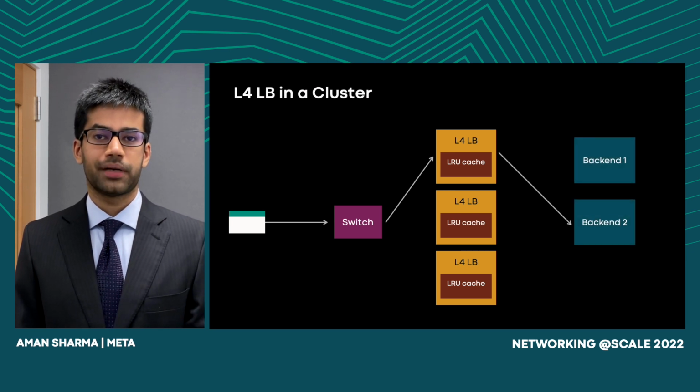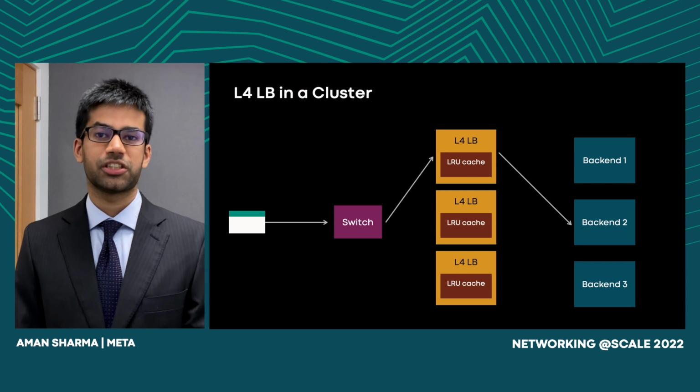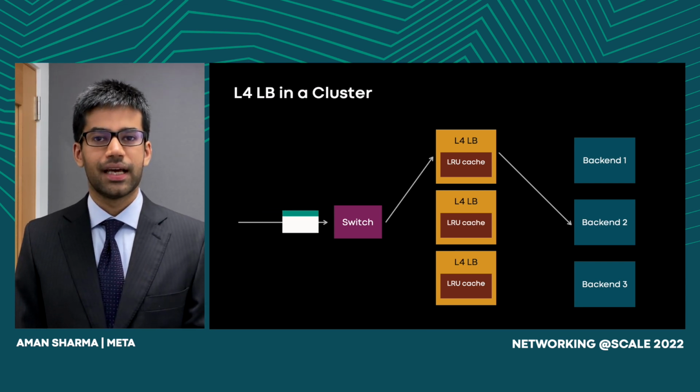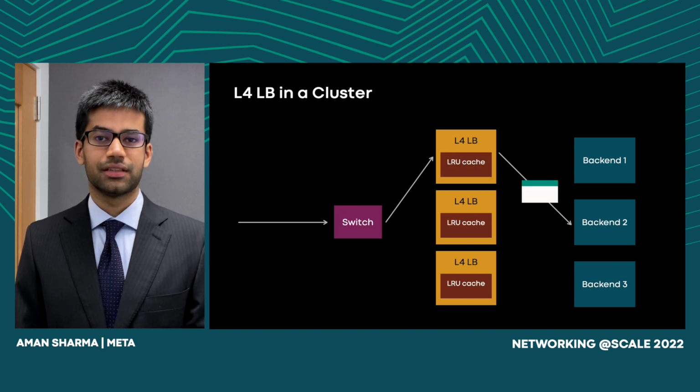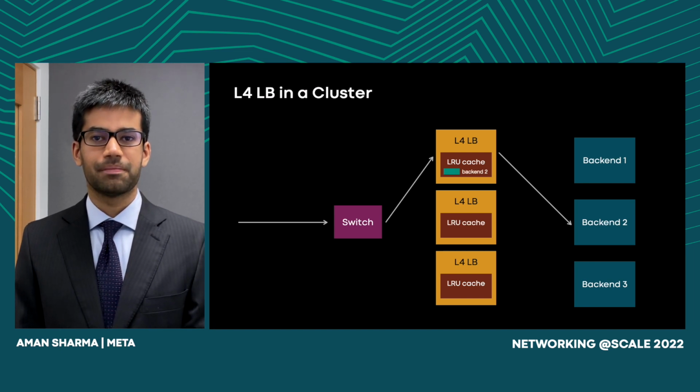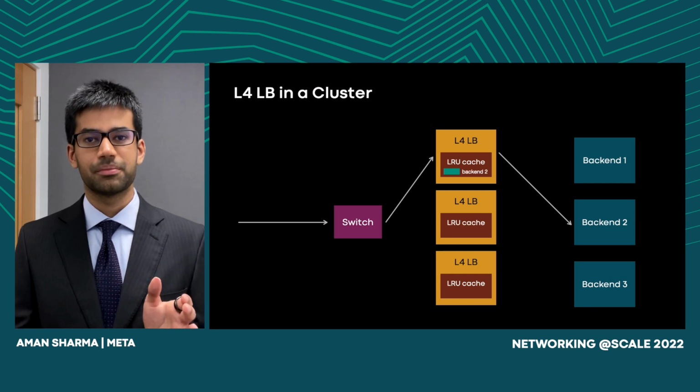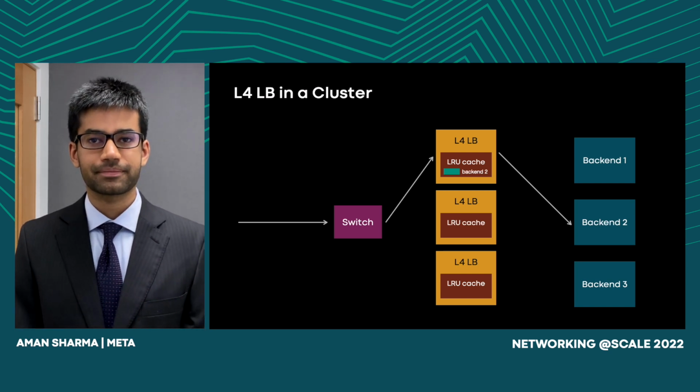And the layer 4 load balancer calculates a consistent hash of the 5-tuple and sends the packet to one of the backends. And once this is done, the load balancer places an entry in its LRU cache. And this animation assumes that this entry wasn't already present in the cache in the beginning.